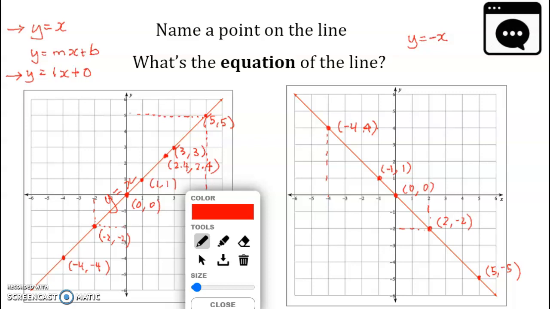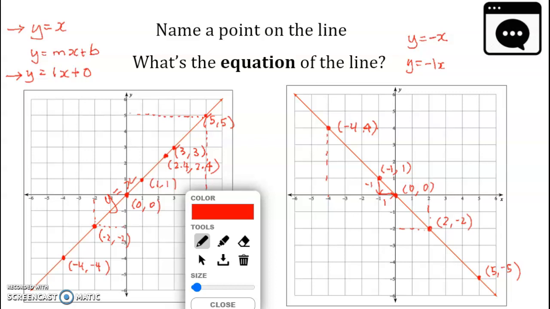And again, if I was to write this in slope-intercept form, y equals mx plus b form, that is going to be y is equal to, what is the slope? Slope is rise over run, but we're going down and to the right by 1. So it's going to be -1 divided by +1, which is just -1x.